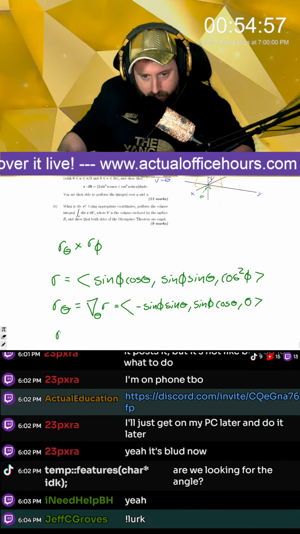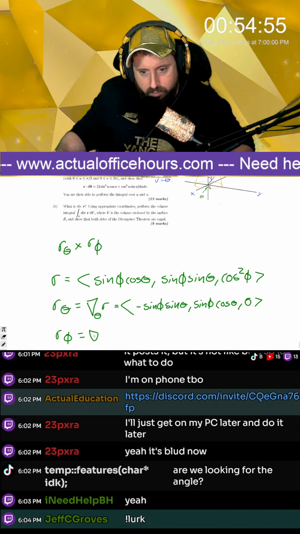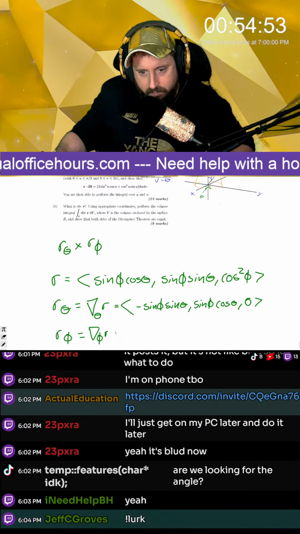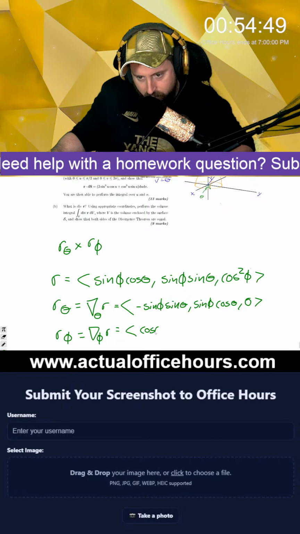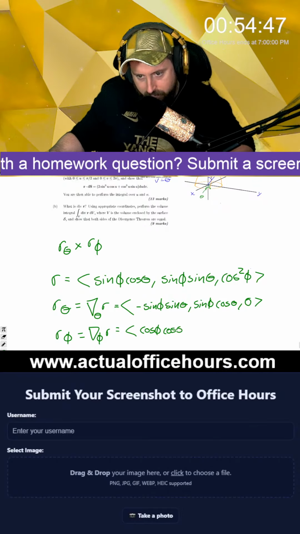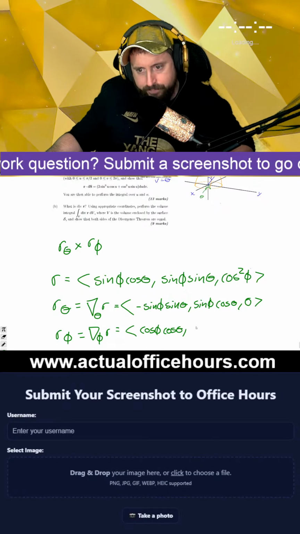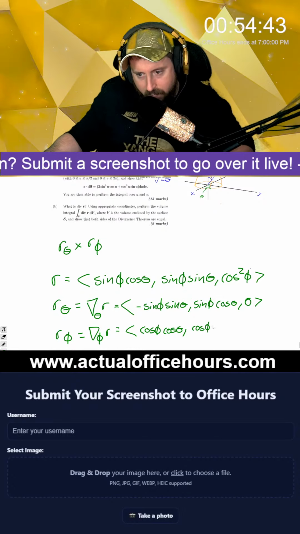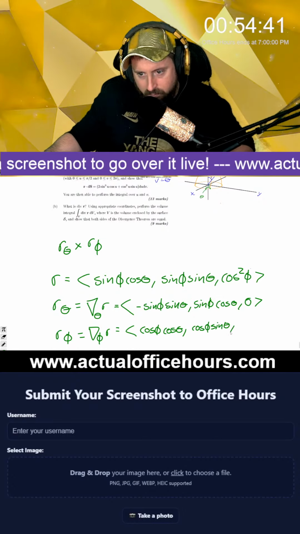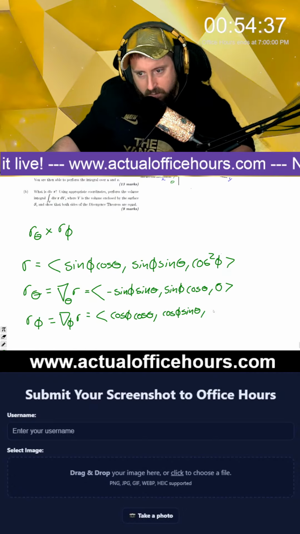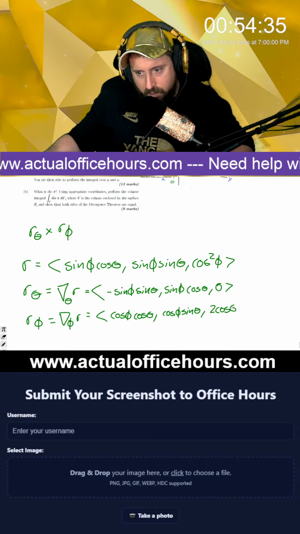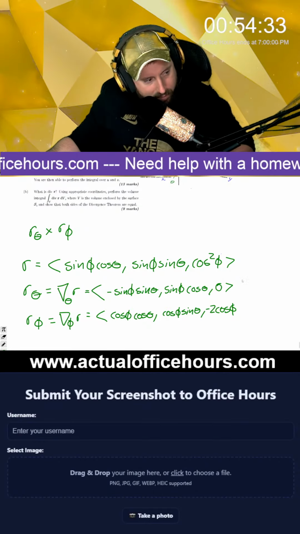Okay, r phi is equal to partial phi r. That's equal to cosine phi cosine theta, comma, cosine phi sine theta, comma, cosine squared. So that's going to be negative 2 cosine phi sine phi.